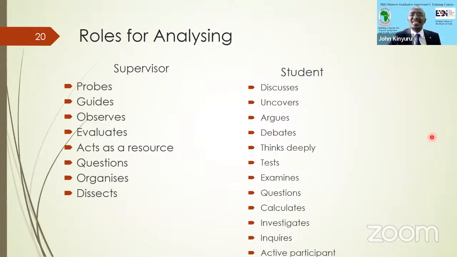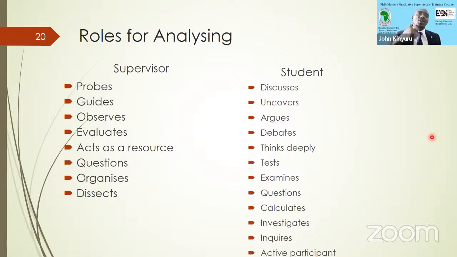At this stage, the supervisor probes. You want to ask the student, what exactly is the gap that you are addressing? What exactly are the issues around this topic that you want to address? What are the causes of this? So you want to guide this person on how to collect the data, how to observe the right findings, how to design experiments, how to evaluate outcomes.